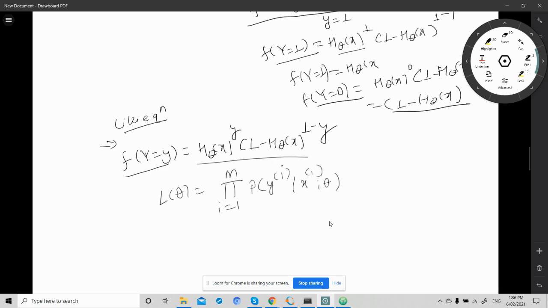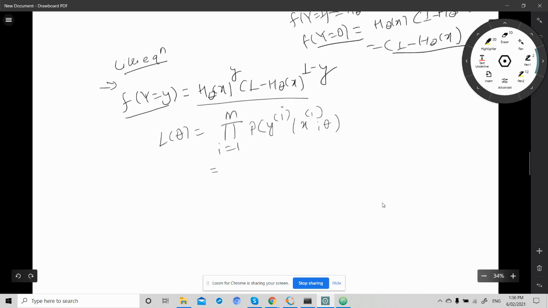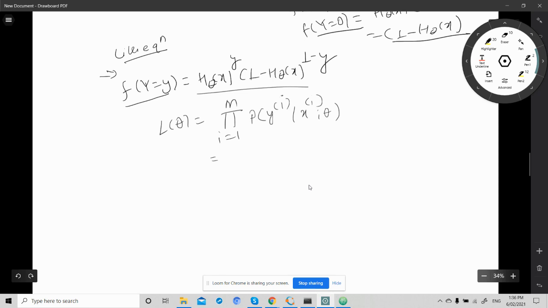So this will be equal to the product over i equals 1 to m of h theta of x parameterized by i, whole to the power y i, times 1 minus h theta of x parameterized by i, whole to the power 1 minus y i.